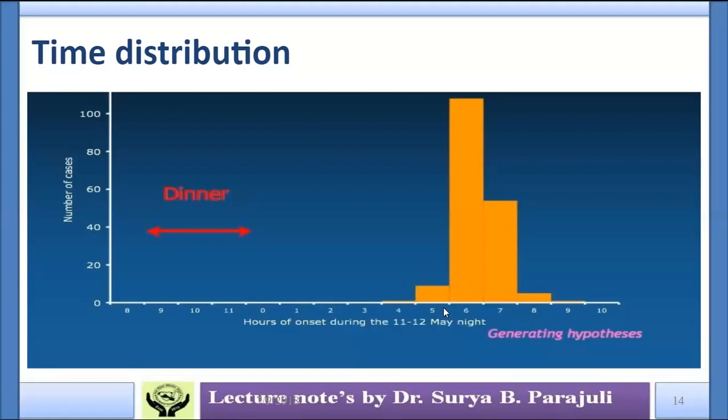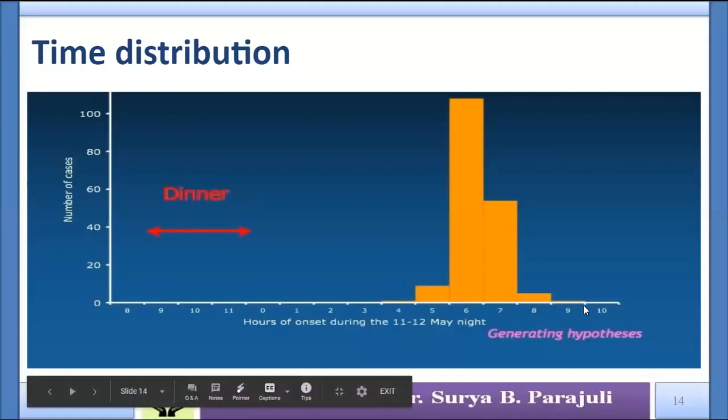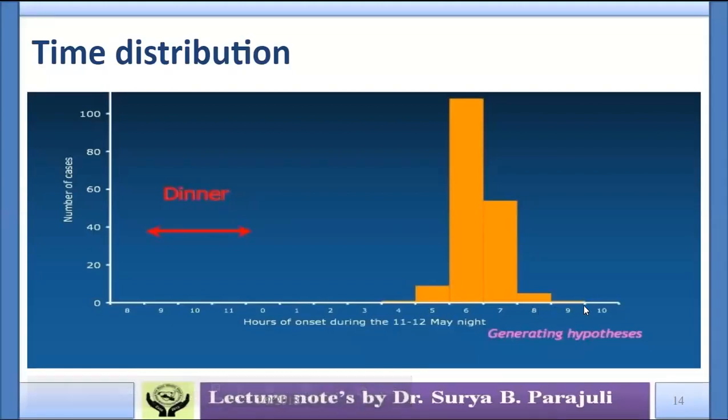Okay, then it increases till 6 a.m. morning. Okay, and it slowly decreases from 7. Okay, it drastically decreases till 8, and at 9 a.m. it stopped completely. So you can see there is one pattern.